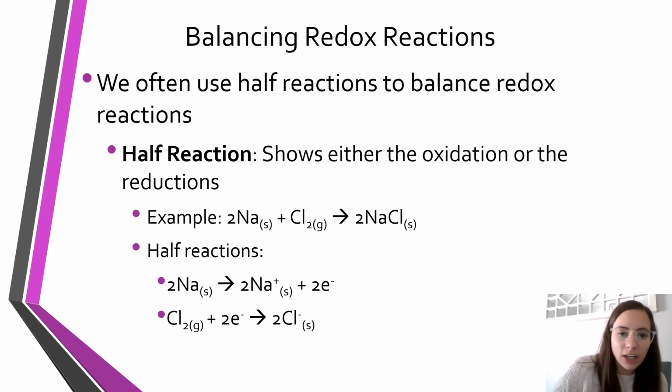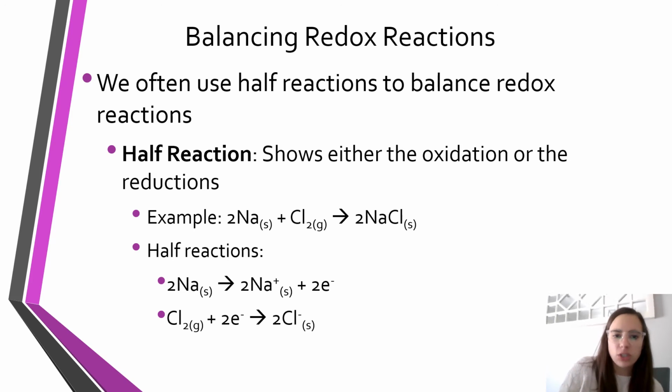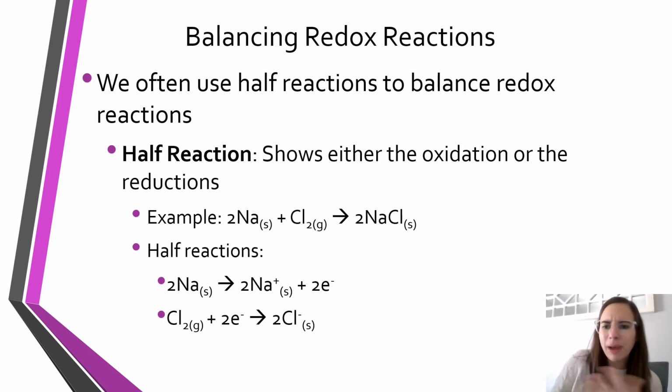And what a half reaction is, it's just breaking the redox reaction into its reduction reaction and its oxidation reaction, so splitting those apart. So for this first example, in sodium plus chlorine gas making sodium chloride, we break down the two half reactions, which is the sodium and then the chlorine, and we balance them with the electrons.